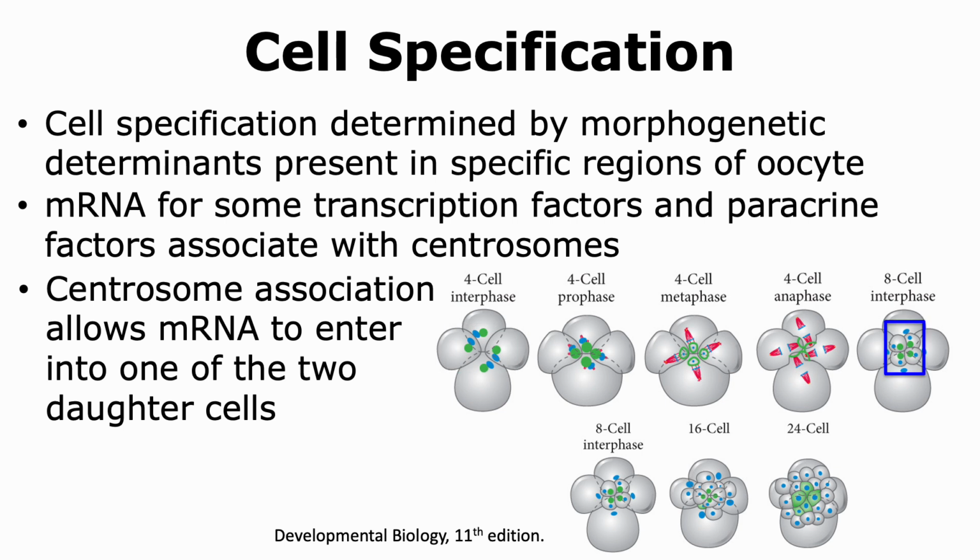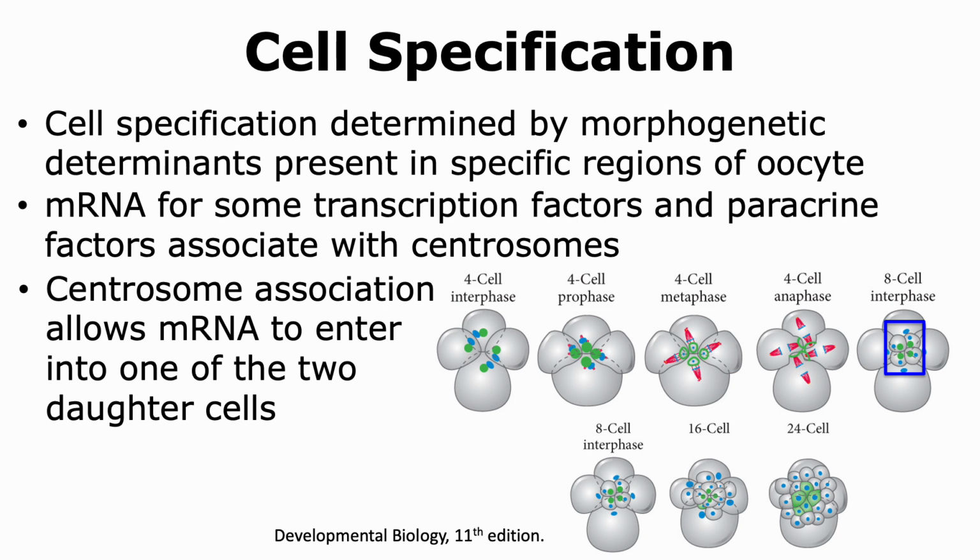Now when this 4-cell embryo undergoes mitosis to form the 8-cell embryo, we can observe that the messenger RNA is now present in the micromeres and not in the macromeres of the embryo. This happened because when mitosis happened, that messenger RNA was associated with the centrosome, and that centrosome goes to the daughter cells that will form the micromeres.